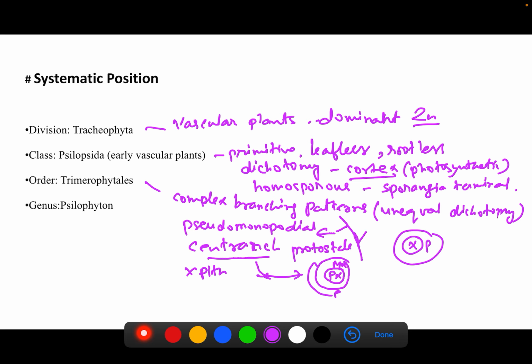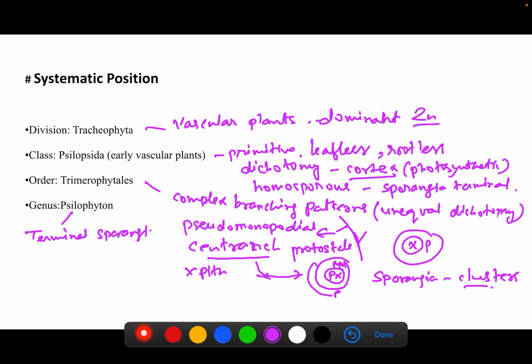Here the sporangia will be large, terminal and borne in clusters. So these are characters of the order Trimerophytales. Sporangia might be in clusters, so this is another important thing. The genus is Psilophyton. In Psilophyton, the characters are terminal sporangia.